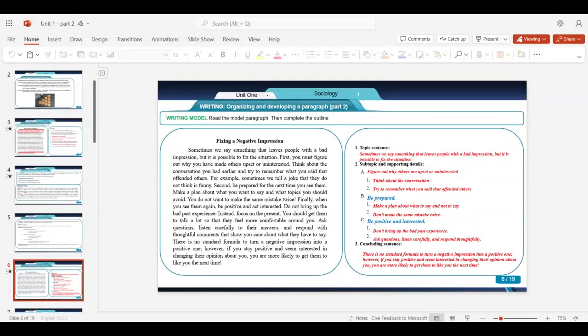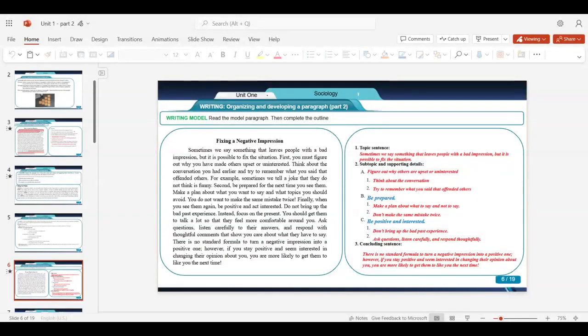Okay, here we have our writing model paragraph. Again we read it and find the topic sentence and further details. Okay, so what is the title? The first important thing is the title, Fixing a Negative Impression.